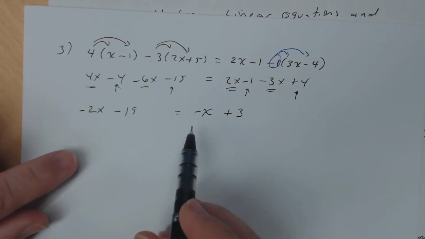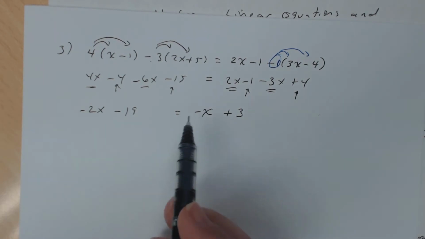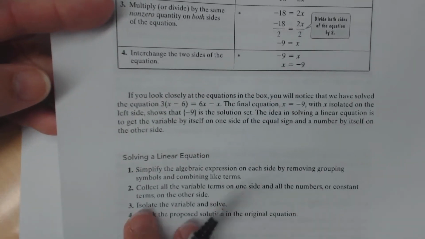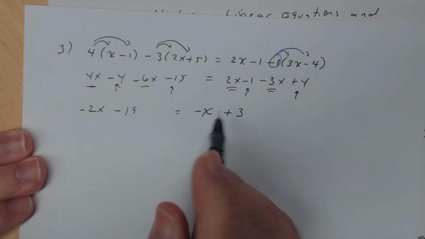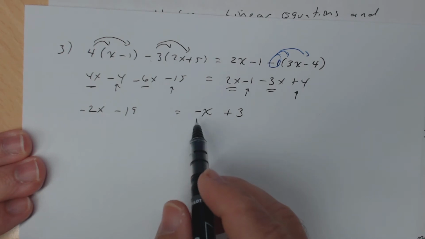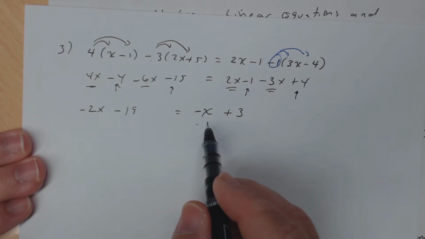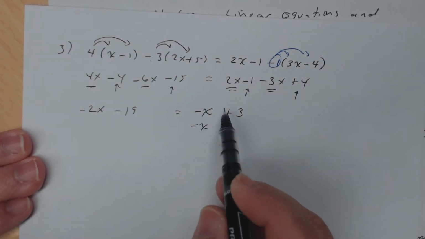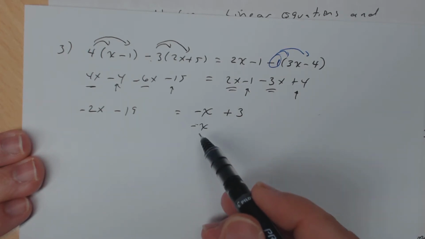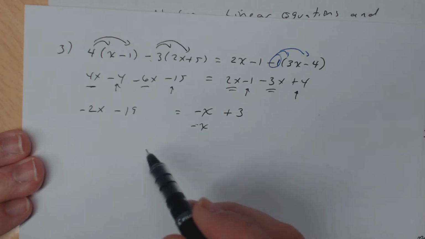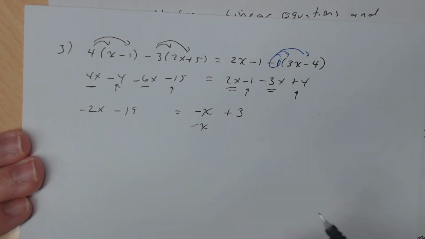Now, remember the next step is to bring all variables to one side, constants to the other. I'm going to bring the variables to the left. To do that, subtracting x is not going to help me. I'm hoping you see this, because a negative x and a negative x don't cancel. That's a negative 2x. Mathematically, I can subtract negative x on both sides.